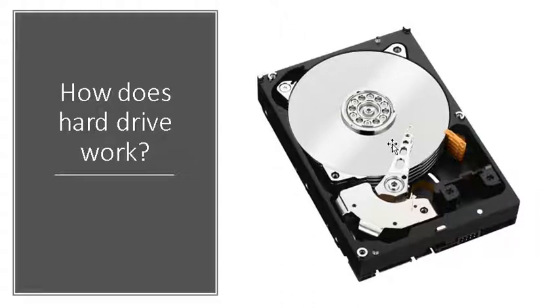In this picture we're seeing what is inside of a hard drive. There are some main parts of a hard drive, and one of them is this magnetic disk, and the other one is this actuator arm.